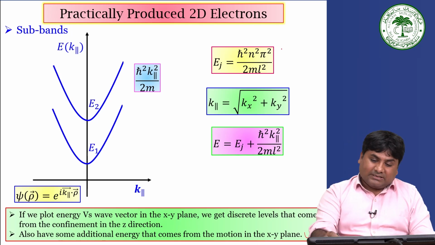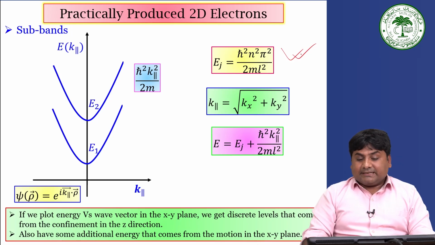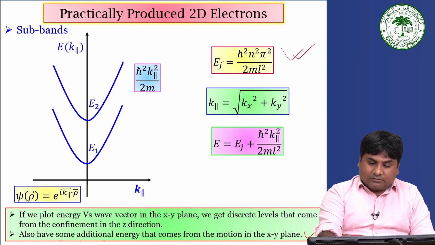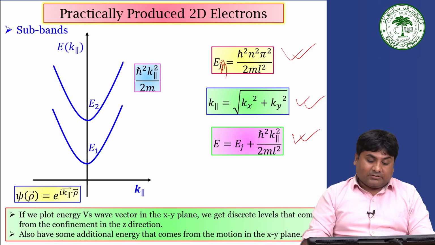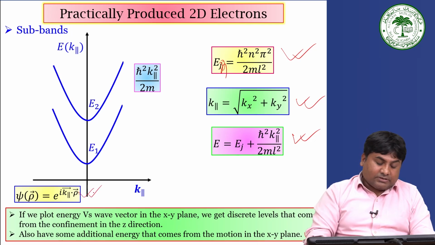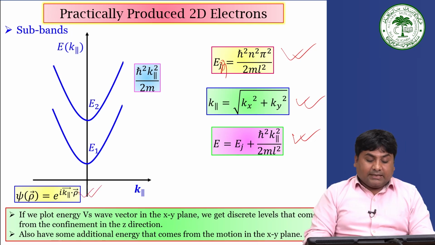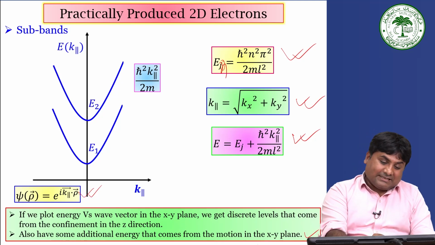This is the energy equation in the z direction: E_n is equal to h-bar squared n squared pi squared by 2m L squared, and k parallel squared is k_x squared plus k_y squared. The total energy is E equal to E_n plus h-bar squared k parallel squared divided by 2m, and the wave function is given by this equation, psi of rho times e to the power i k parallel dot rho.